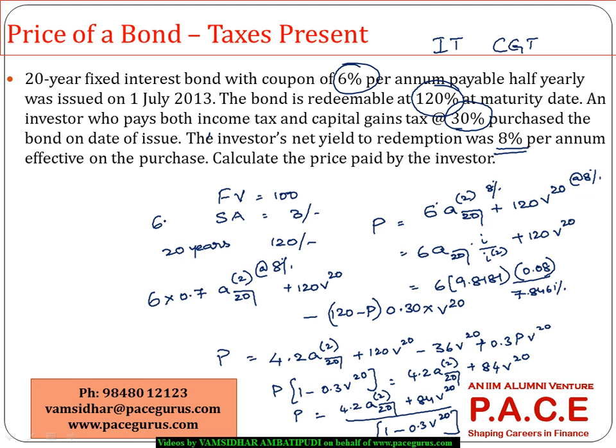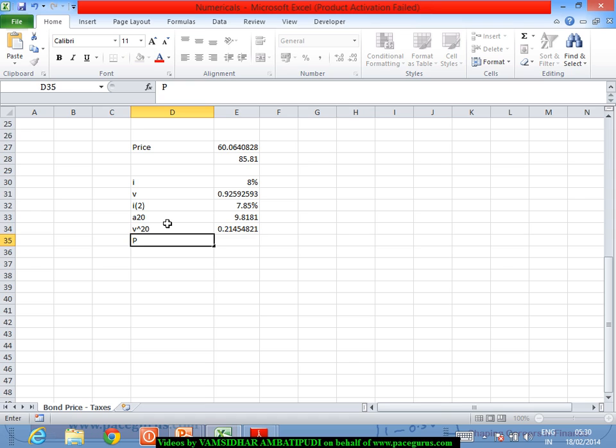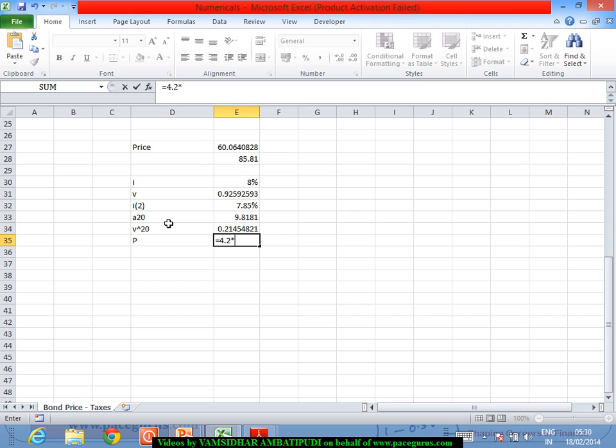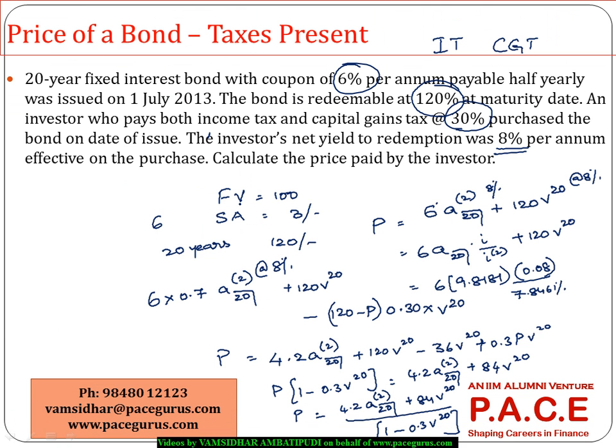Now from here I'll try to find out what is my P. 4.2 times a-angle-20 into i by i(2).